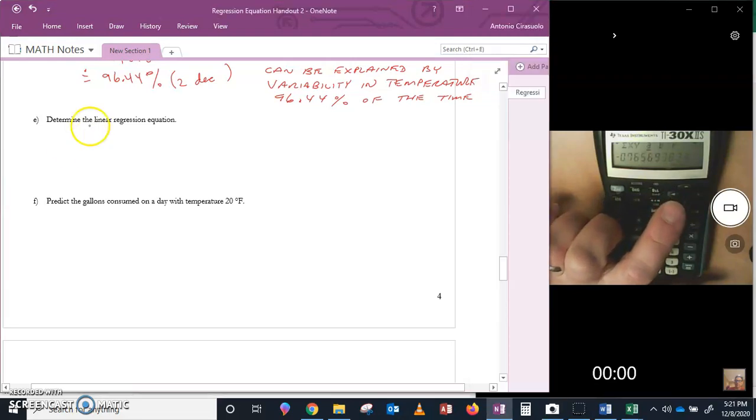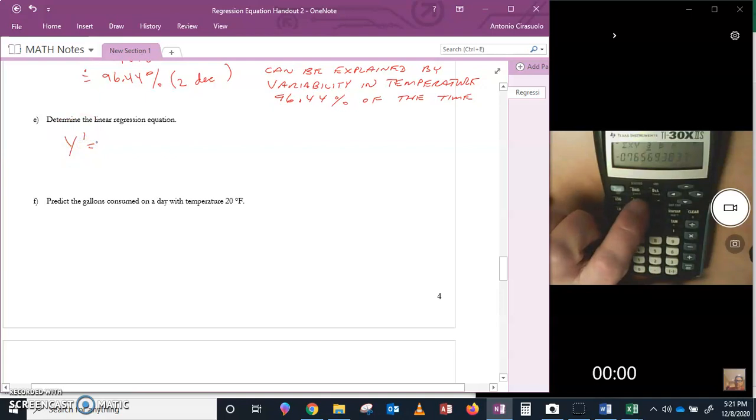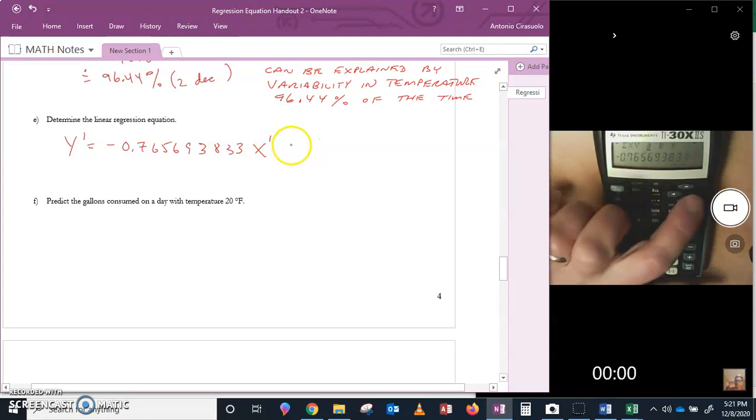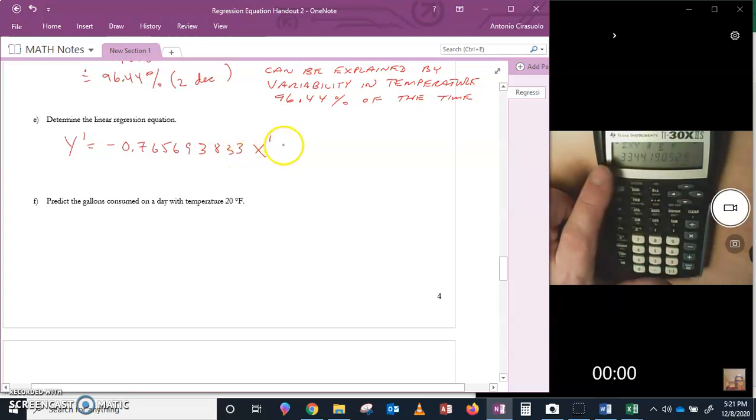So to put this together, our equation is y prime is equal to negative 0.76569383 x prime plus 33.44190529.